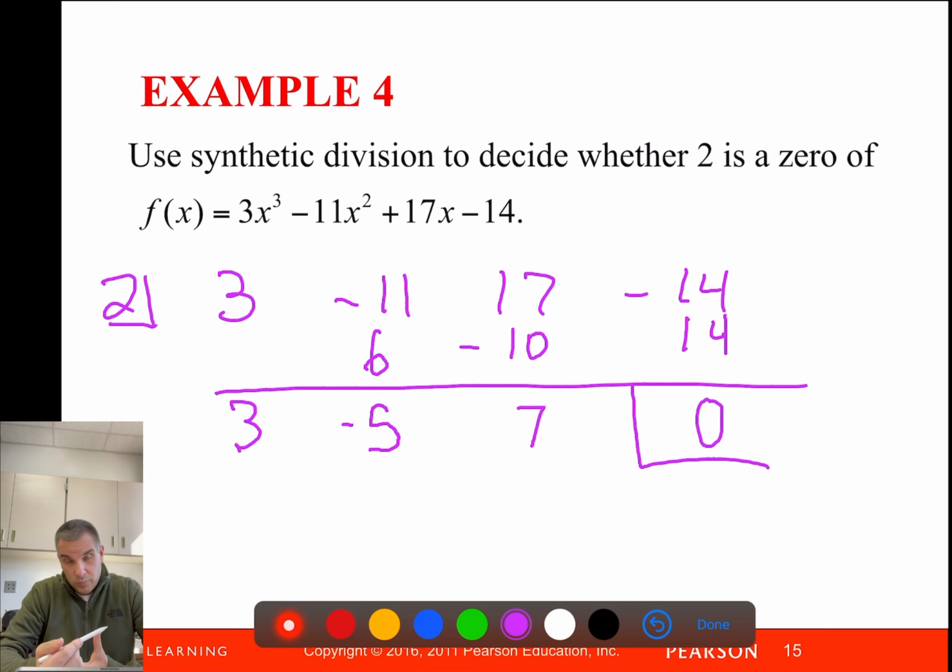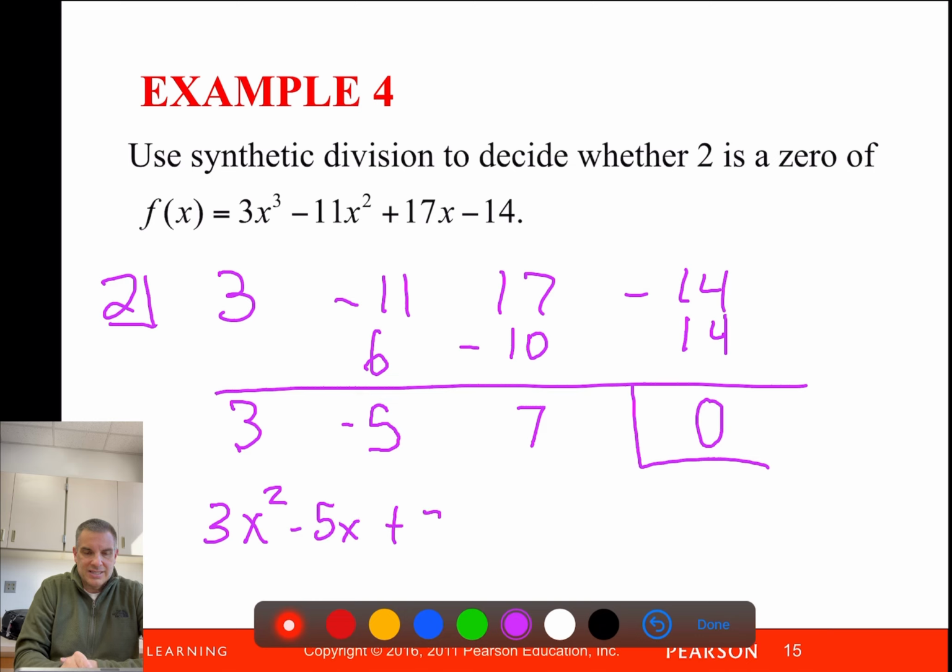If 2 is a zero, it essentially means that I could rewrite this as 3x squared minus 5x plus 7, and because 2 is a zero, a second factor of this would be x minus 2.